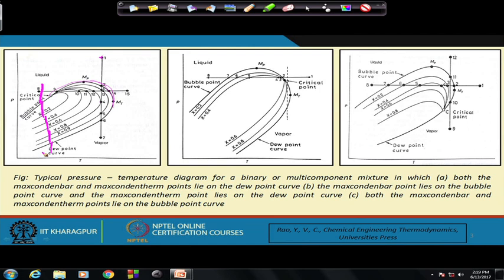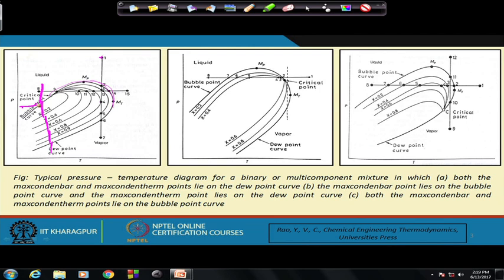The same thing can happen not only by expanding the gas, but also by heating or cooling the gas. Suppose, for example, we start from point 8, and in this case also we ensure that the point where we have started is bounded by the dew point curve MP MT. Suppose point 8 is at a much lower pressure condition where it is not bounded by this zone.